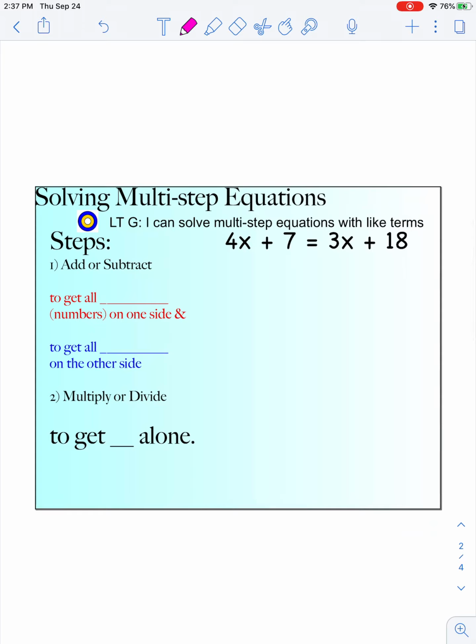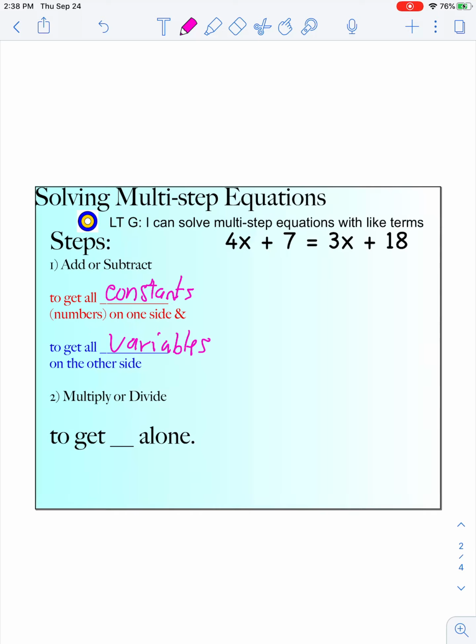Here are the steps to solving something that is more complicated. First of all, you're going to add or subtract to get all the constants, which are the numbers, on one side, and to get all the variables on the other side.